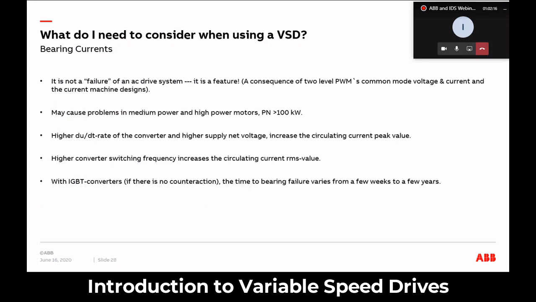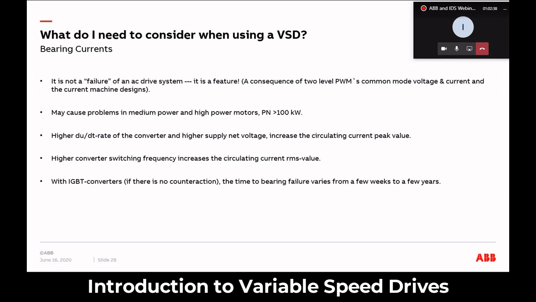It's not to say this is a failure of the AC drive system. It's more of a feature, loosely, because it's a consequence of two-level PWM's common mode voltage and current, and of current machine designs.